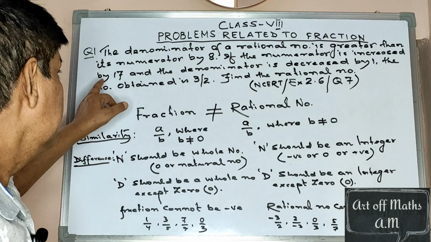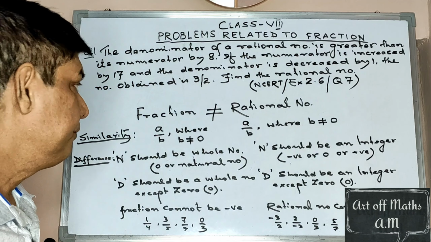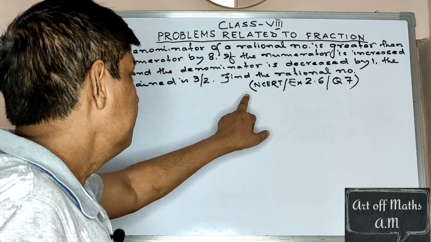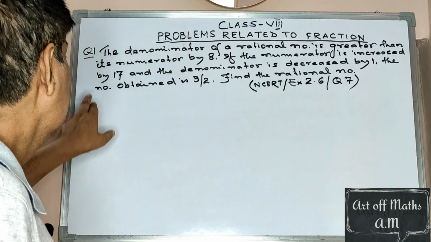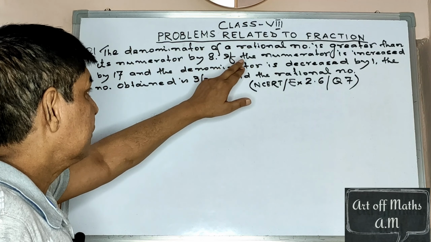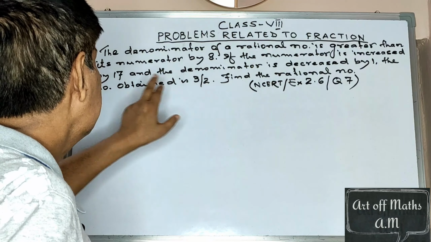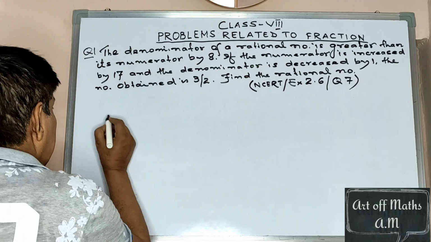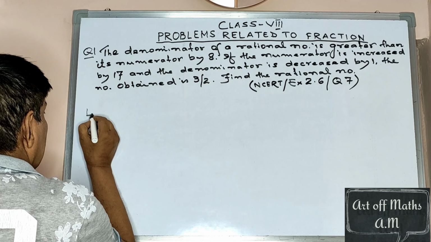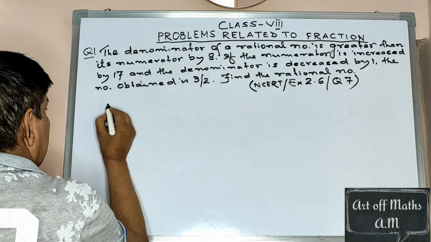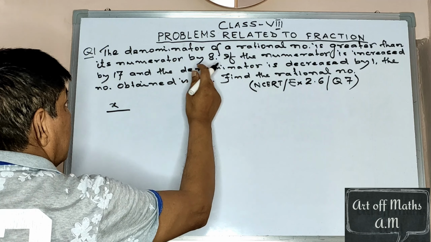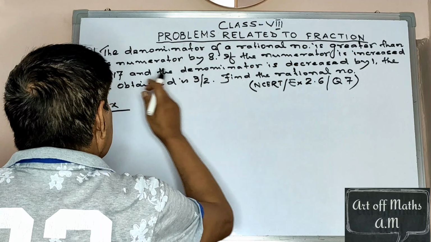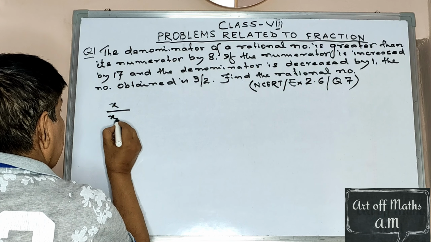Now I am coming to solve this problem. This question I have taken from NCERT exercise 2.6 question number 7. The denominator of a rational number is greater than the numerator by 8. Let the numerator be x, that means the denominator is x plus 8.